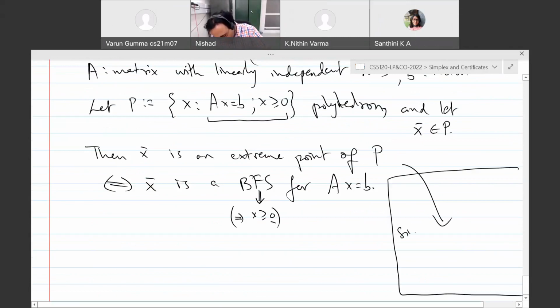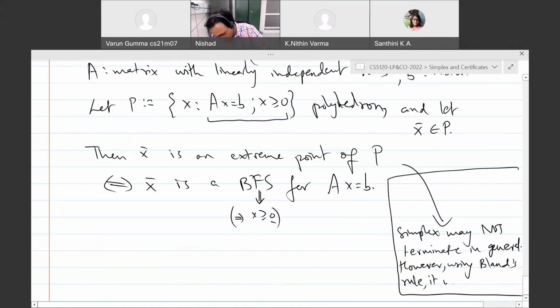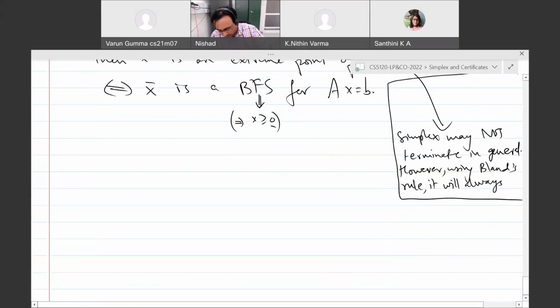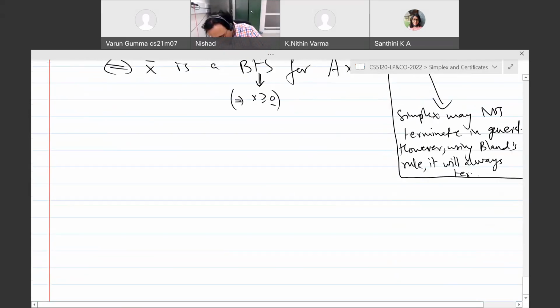So simplex may not terminate in general. However, using Bland's rule, it will always terminate. We probably might prove this in the lectures. I really want to prove it. Let's see if we have enough time for it. And what is Bland's rule?